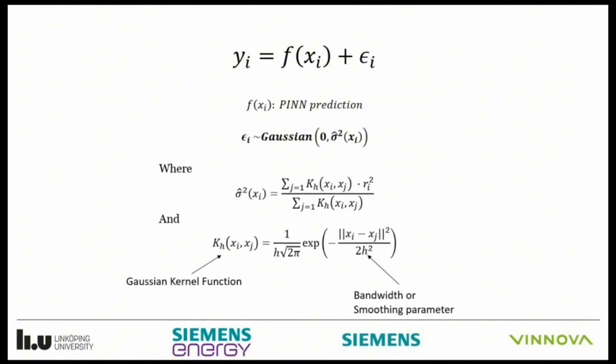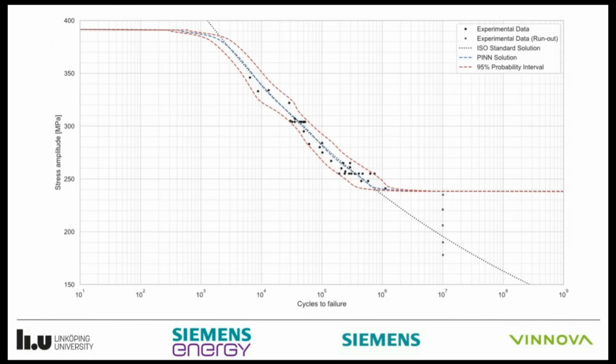And for the standard deviation, we're using the Gaussian kernel function. So we have a description of how the data deviates from our model. And by doing this, we can have this variety of safety factors during the whole regression.